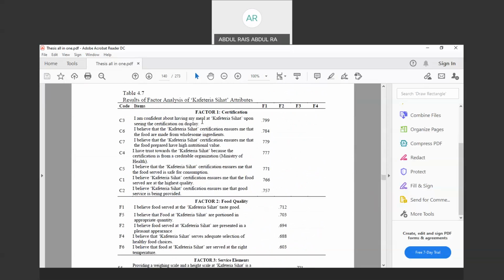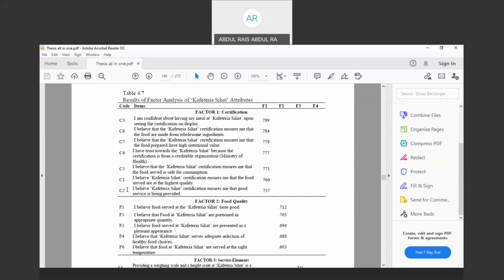Usually, when the data is generated inside the SPSS output, you can see here the codes, the items, are not arranged in order from C1 to C7. In this table, you see here C3 is first, followed by C2. This is because through the exploratory factor analysis, the SPSS program believes that C3 is one of the strongest items that strongly represents certification, and then it's followed by the other remaining items.